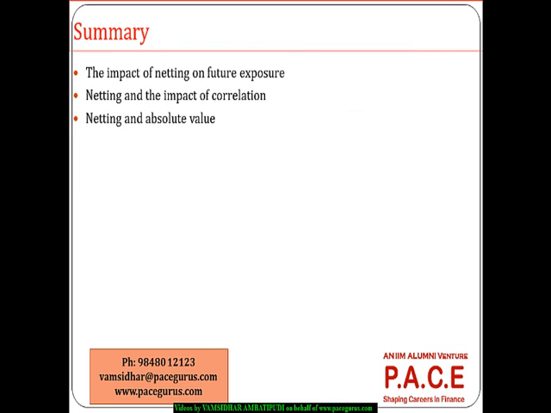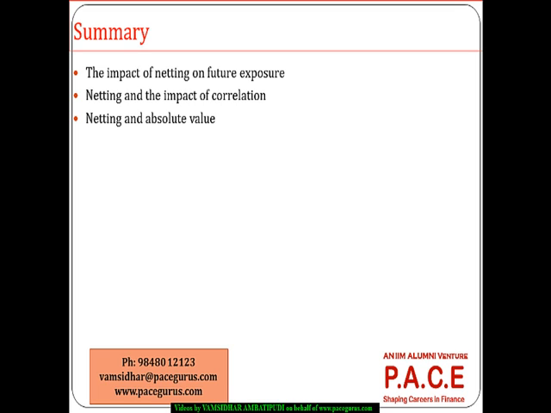So that is where we are focusing more on understanding the impact of netting on the future exposure, how correlation plays a role with respect to netting, and how the absolute values of the offsetting of the future values from zero also play a role in terms of the exposure.